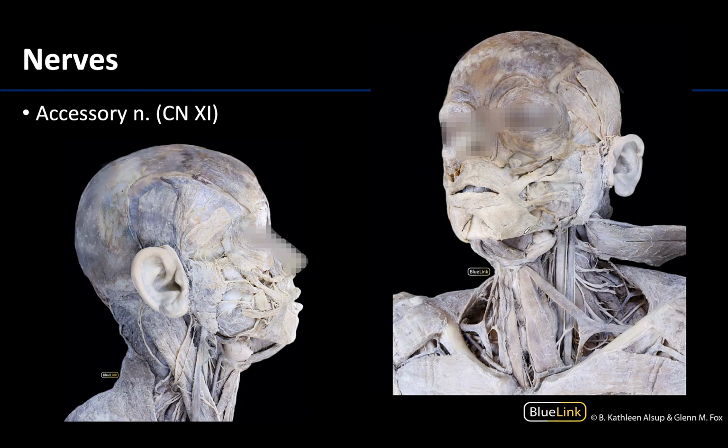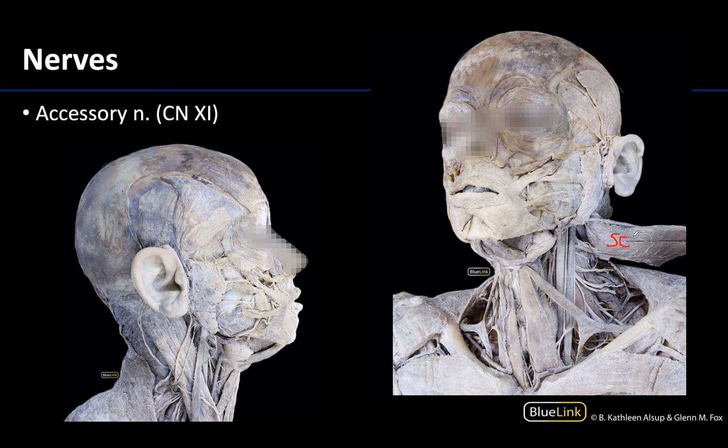Lastly, let's discuss cranial nerve 11, or the accessory nerve, sometimes referred to as the spinal accessory nerve. This nerve is strictly motor and will innervate the sternocleidomastoid and the trapezius muscles. So I like to look for this nerve between those 2 muscles, so let's identify those first.